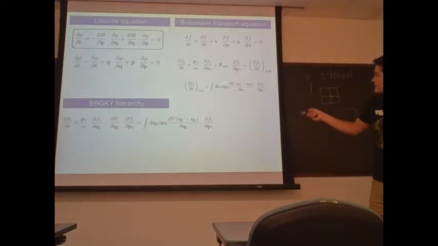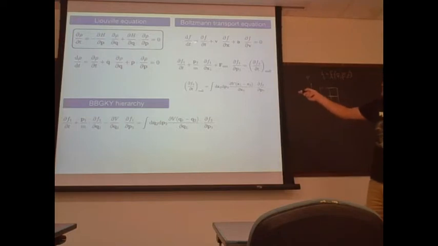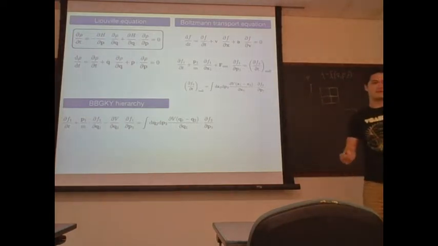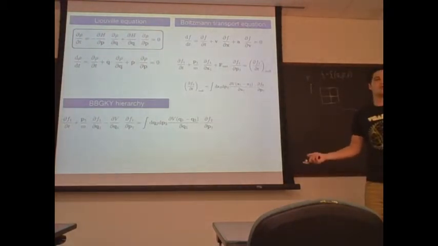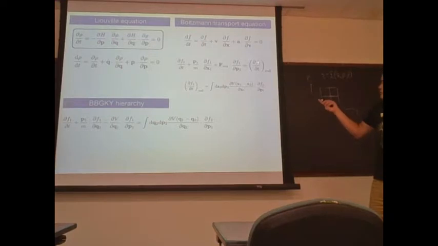We get something on the left-hand side that's pretty much exactly what I had here, but on the right-hand side, I have an explicit form for the collision integral. In principle, this captures all the ways in which our single particle distribution function will change because things are colliding and scattering. If nothing is scattered, then you just keep going in the direction you're going, up to maybe some external force. But if we didn't have an external force, then you just keep going. However, if you're scattering stuff in some region of space, then you can change the number of things that are there, and the density will change.